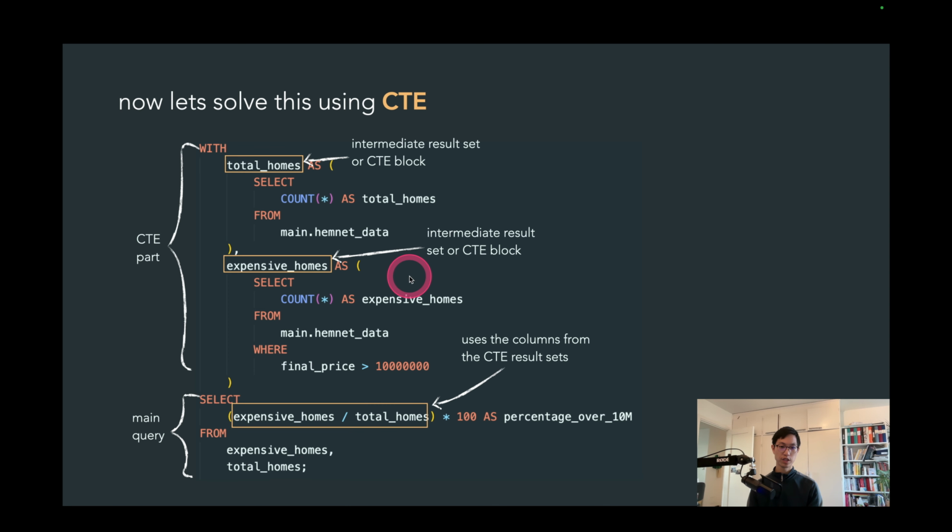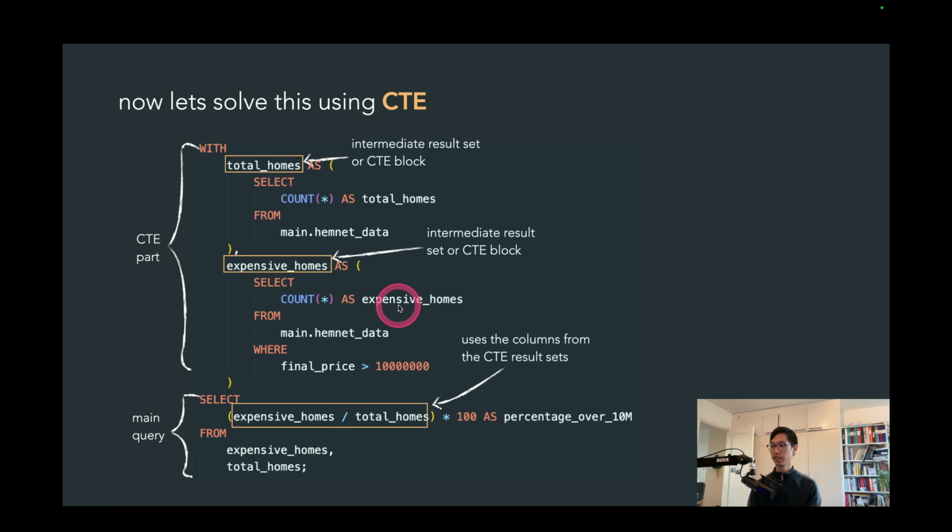Expensive homes is just the column for which we have used an alias, count star, so it's the number of expensive homes.